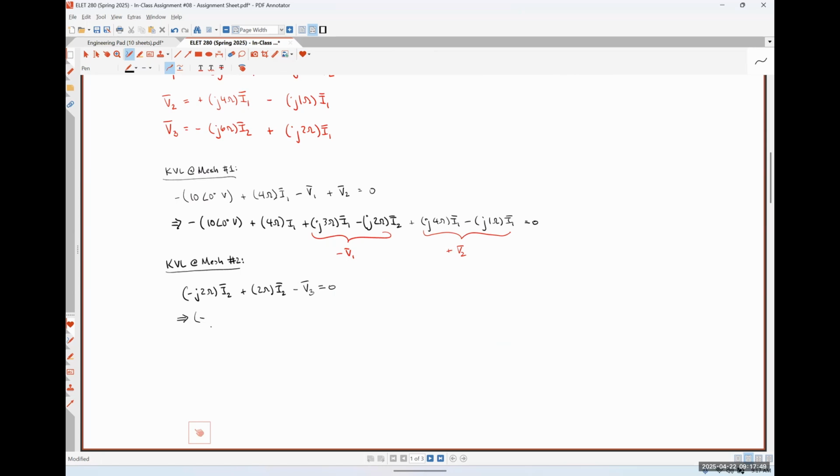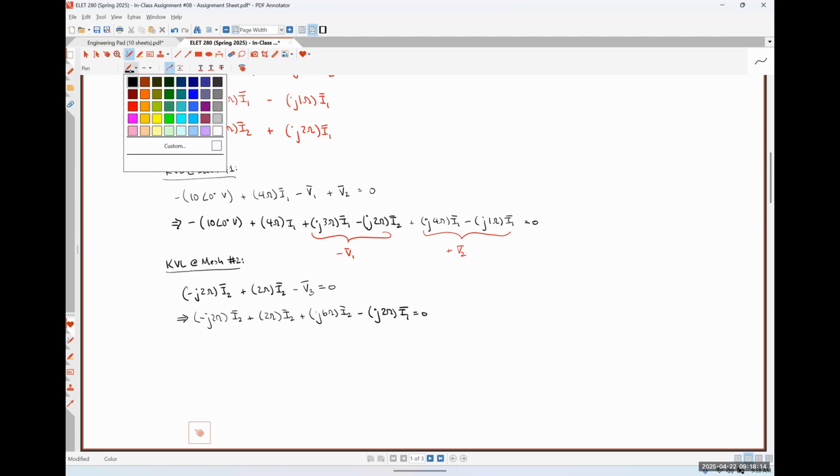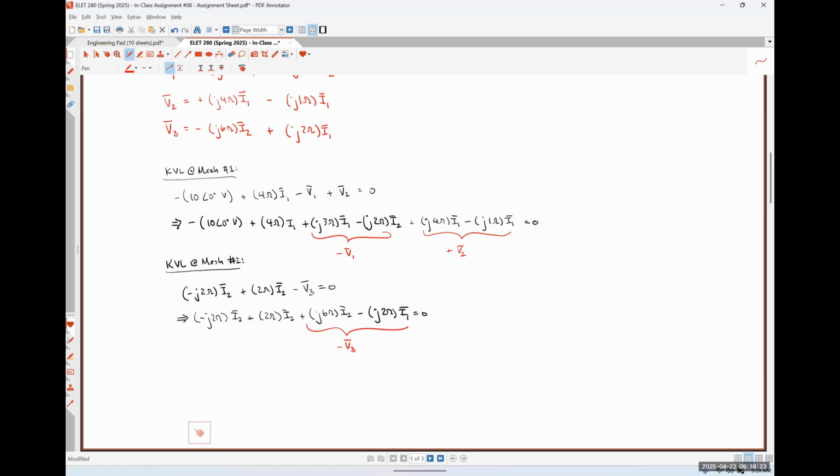So that's going to look like minus j2 ohms times I2 plus 2 ohms times I2 minus negative, which is going to look like plus j6 ohms I2, minus positive, which is going to look like negative j2 ohms times I1, is equal to 0, where this bit right here is simply minus V3. And I now have a 2-equation, 2 unknown system that I would have to use MathCAD to solve for.